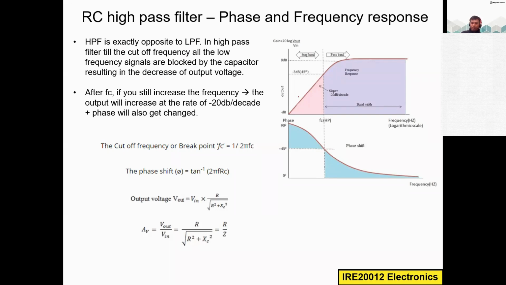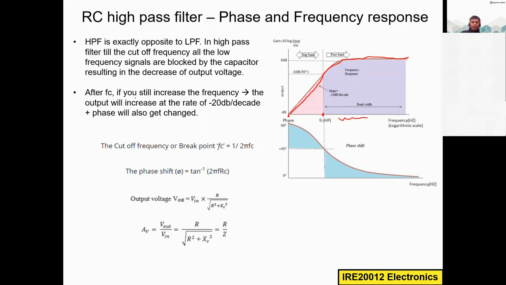So this is the low frequency area, where the capacitor is acting like an open circuit. Of course, this is not ideal, so the output is not exactly zero, but the slope is rising slowly. After the cutoff frequency, it rapidly goes up and you get the output. So it passes the high frequency. This is the high frequency region.